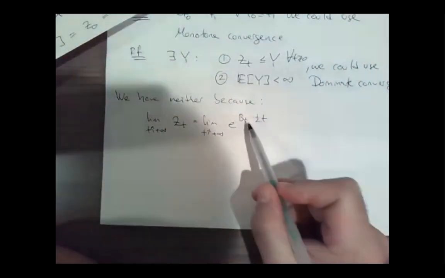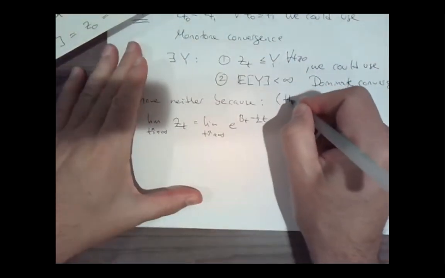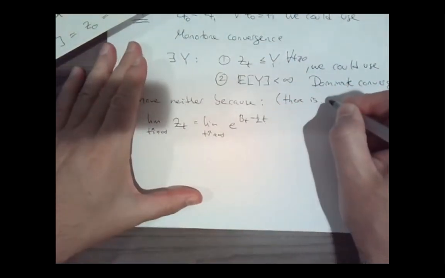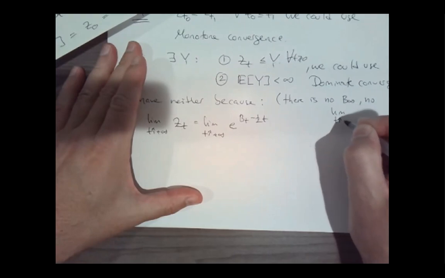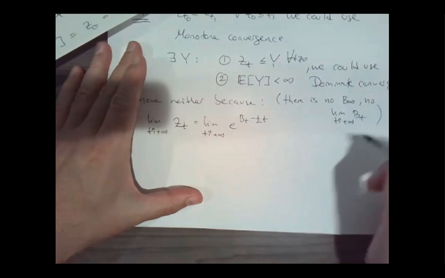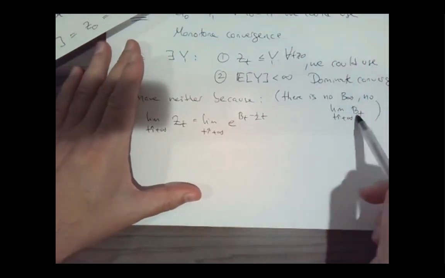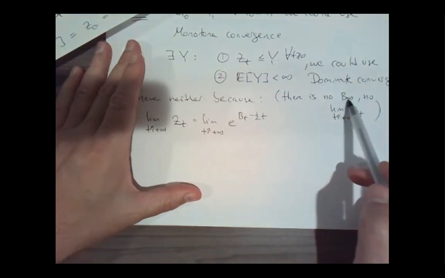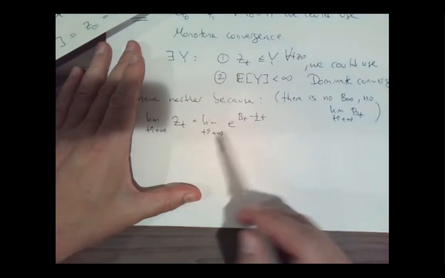So it's not really clear what is happening here, but just keep in mind that there is no B infinity, and there's no limit as t goes to infinity of B_t. Brownian motion does not converge to anything at infinity. There's no B infinity. But we're claiming here that there's a limit.